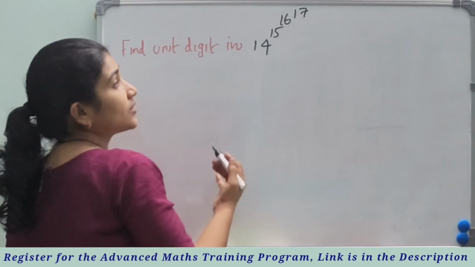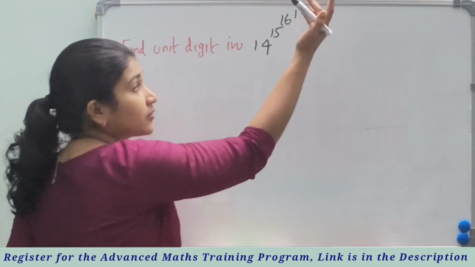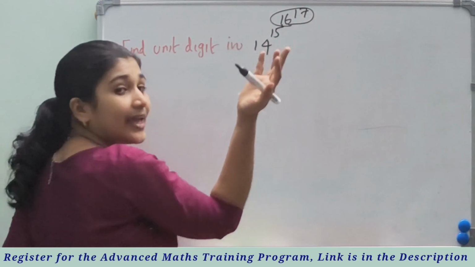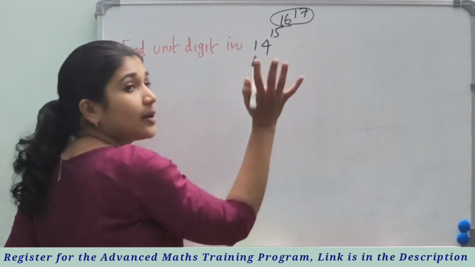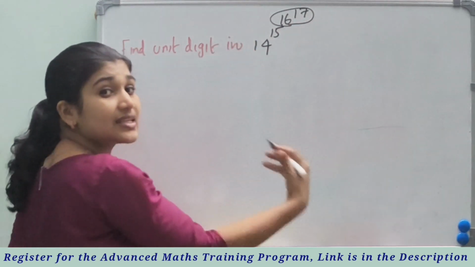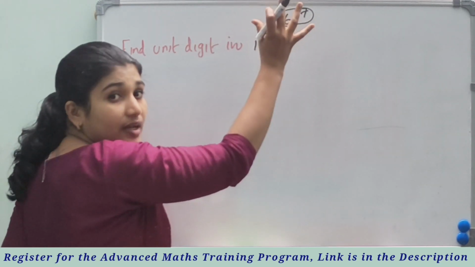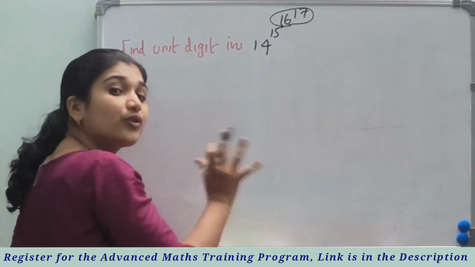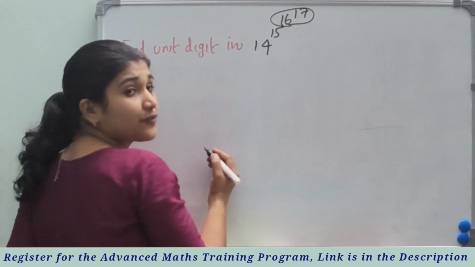If you look at this, you can ignore this 16 raised to 17, because 5 raised to any number, unit digit is 5. Here 16 raised to 17 is an infinite number, so 15 raised to that infinite number has unit digit 5.